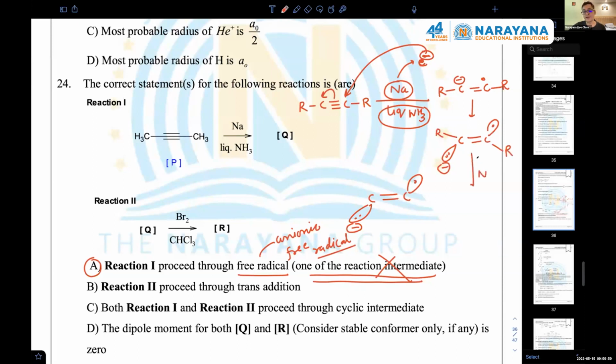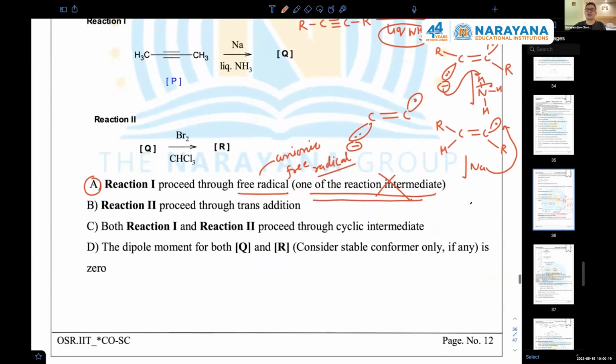Now, because you have the medium of liquid ammonia and the carbanion is a powerful base, it will take H from the ammonia and release the amide; it becomes CH double bond with a radical here. Now again sodium has a tendency to release an electron, and it gives that electron to this radical. That radical again becomes an anion, that anion will again take H from ammonia, and the compound becomes a trans alkene.